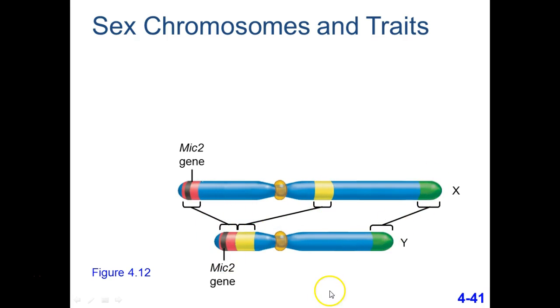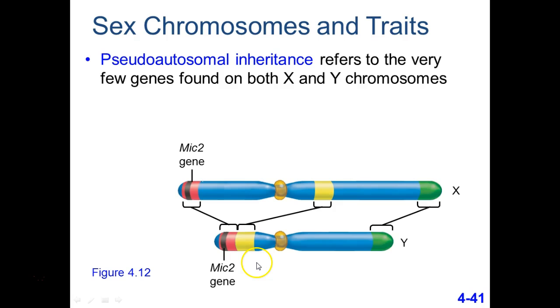This is similar information. So for instance, the MYC2 gene. This one, as we said, is pseudo-autosomal, because most people, when they look at the pattern of inheritance, believe that it's not on the sex chromosomes, because there's no difference between the sexes. There's no linking that we see. The reason for that is that the information is found on both chromosomes.